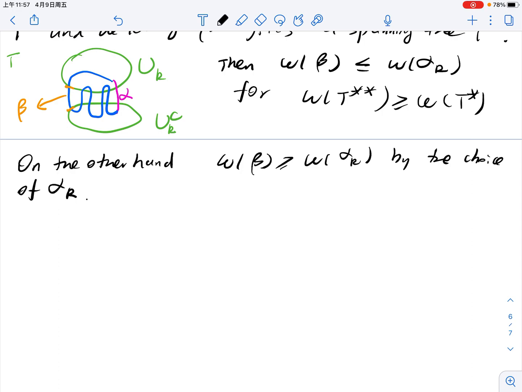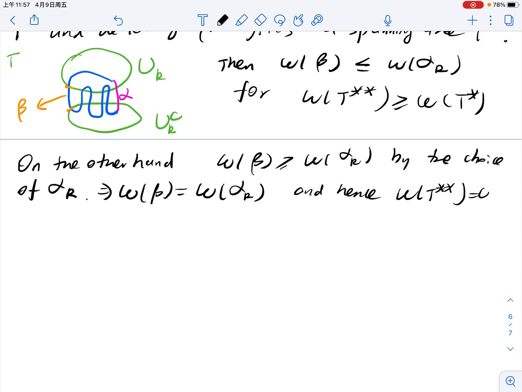Combining these two, omega beta is the same as omega alpha k, and hence omega T star star is omega T star.